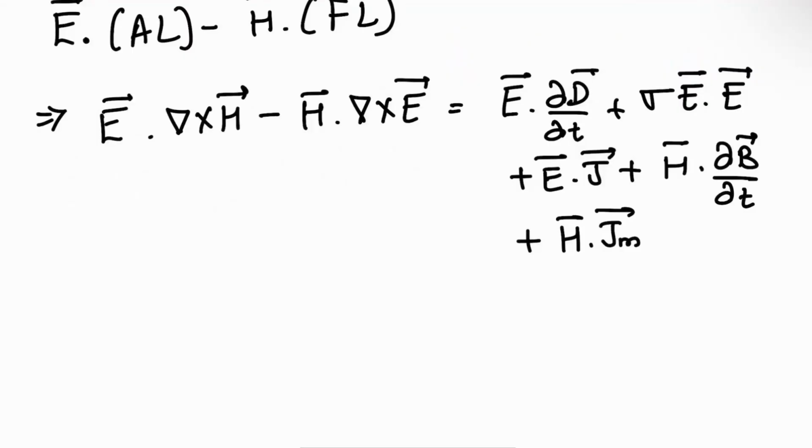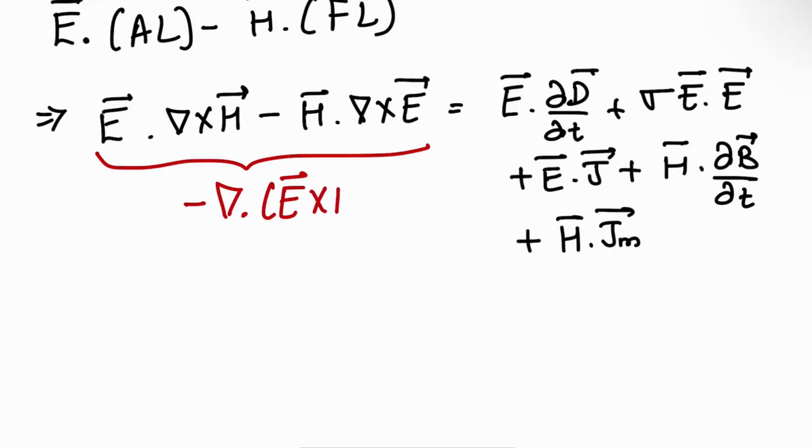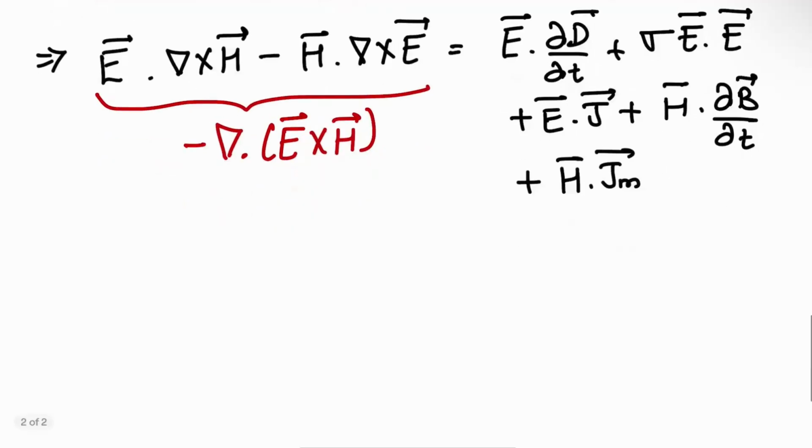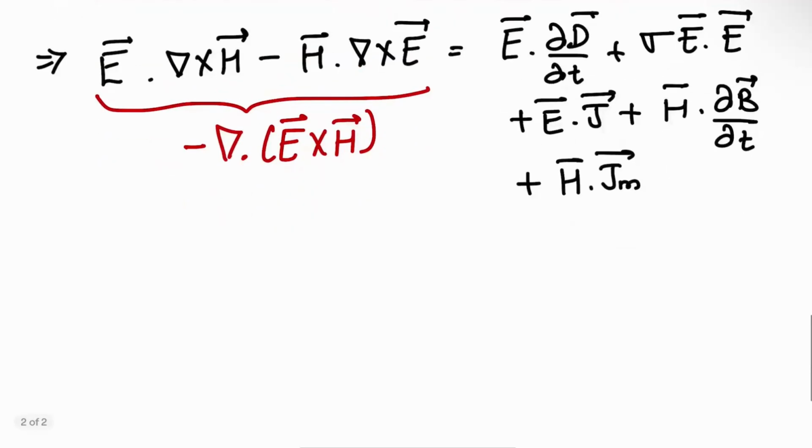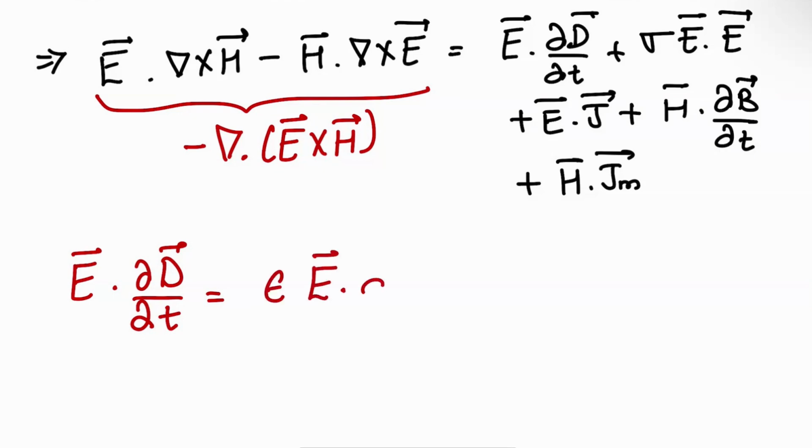Right, so we have vector identities. One vector identity says that the left-hand side is nothing but the divergence of E cross H. So we can move that to the right-hand side and rearrange some of these terms. Actually, there's one more thing that we can do. I can write E dot dD over dt as, since the medium is homogeneous, D is given by epsilon E, so epsilon E dot dE over dt.